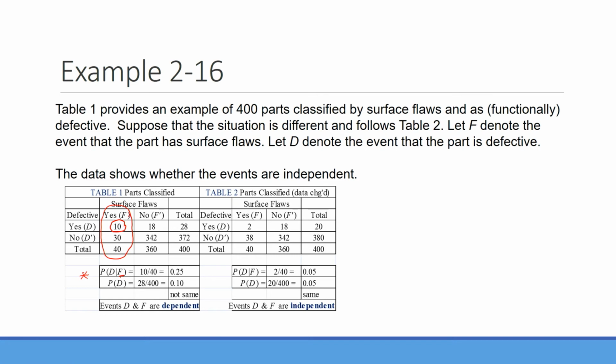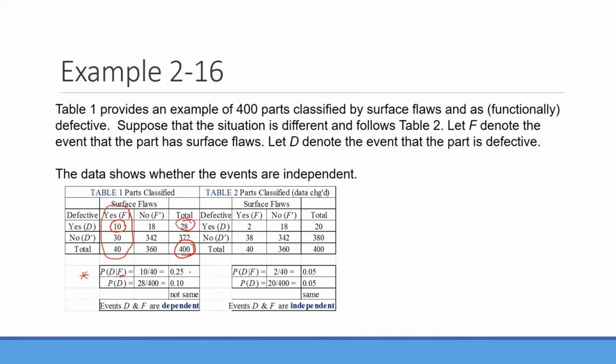Whereas the unconditional probability of just defective is 10 divided by the 400. Because we're looking at what is the probability that we're defective overall, over both surface flaws and non-surface flaws. And so that's where we end up with 28 over 400, because that's all the defectives over the 400.